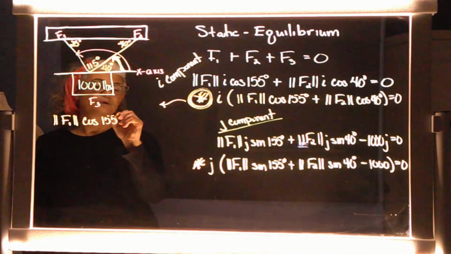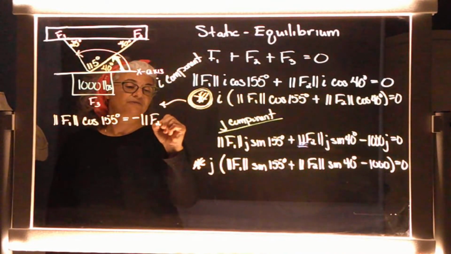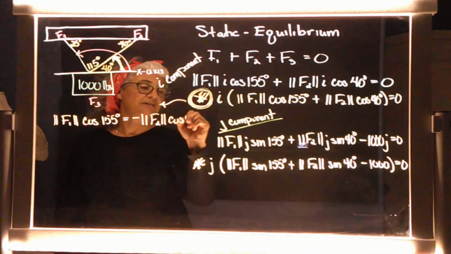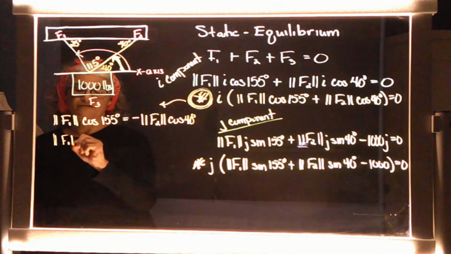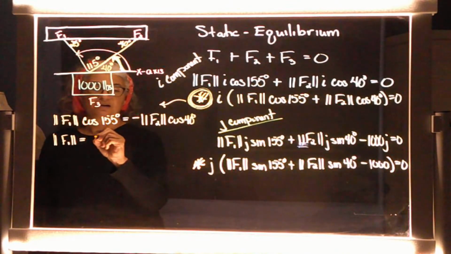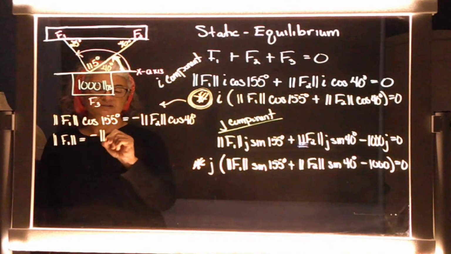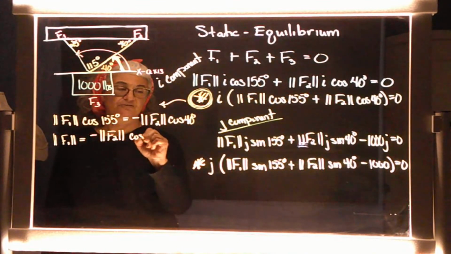So, when I do that, I get the negative magnitude of F2 times the cosine of 40 degrees. And then, to finish off isolating this magnitude of F1, I am going to divide both sides by the cosine of 155 degrees.